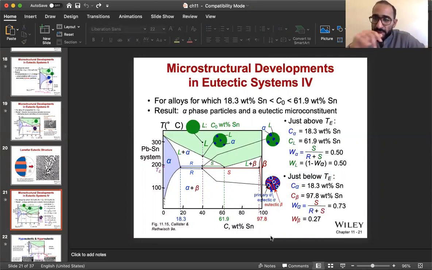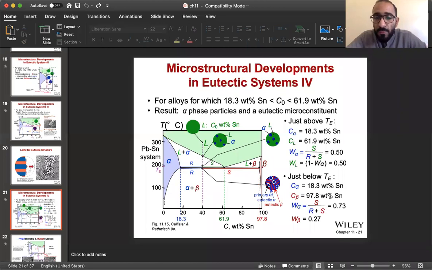Before that, the simple question is, what is the composition of alpha and beta? Because at this point, you know that you have alpha and beta. We're going to construct a horizontal line, hit the two regions, and then go to the axis. So here you have 18.3% for alpha, and for the beta we have 97.8%.